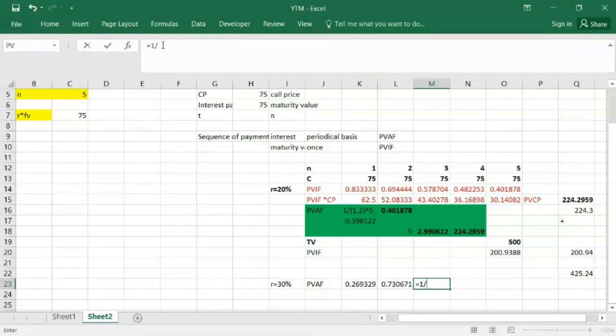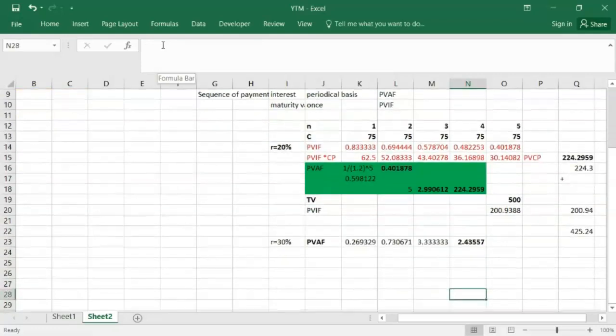R is here. The rate of interest is given here as 30%, which can be written as 0.3, and it comes to 3.33. So this value 1 divided by r is multiplied with 1 minus 1 divided by 1 plus r to the power n. So here the present value annuity factor for 30 percent for the period of 5 years is 2.43557.